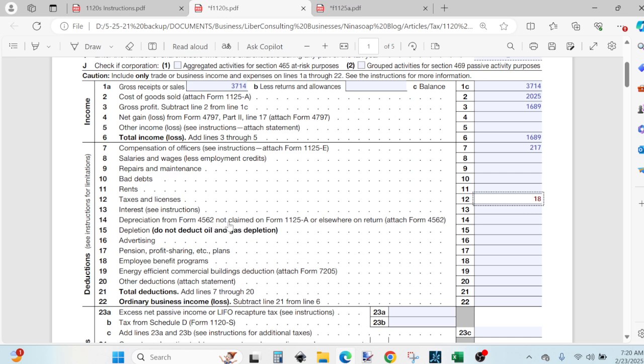Depreciation. So when you purchase depreciable assets, a lot of times the software that you are using to file will want to help you get the most deduction.